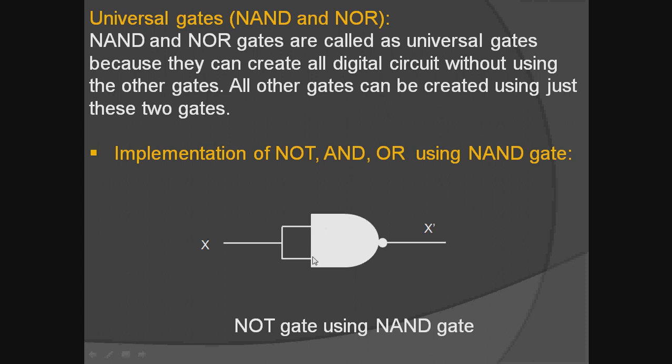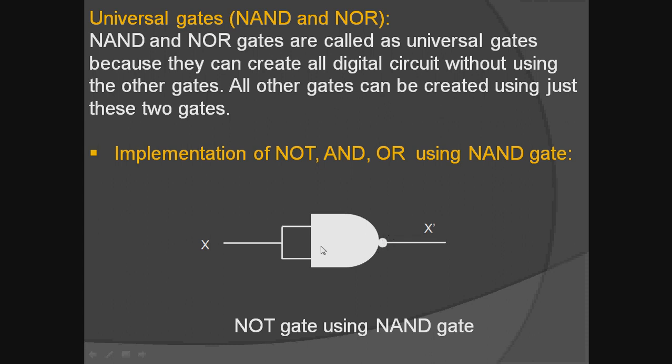Originally the NAND gate accepts 2 or more inputs, but in the case of NOT it accepts only one input, and whatever the number of inputs, be it 1, 2, 3 or 4, the output should be only one. Here you can see this is NAND. In this symbol, this is the AND gate, and this circle represents the NOT.